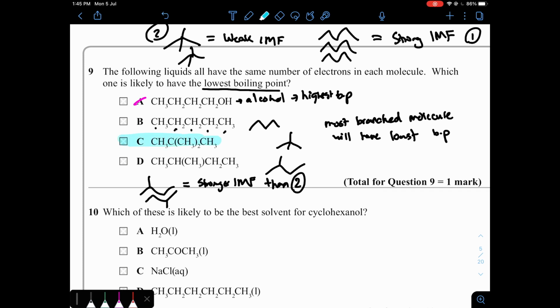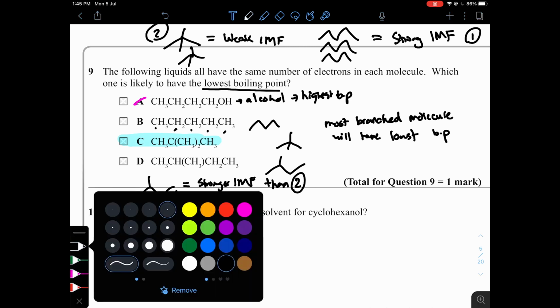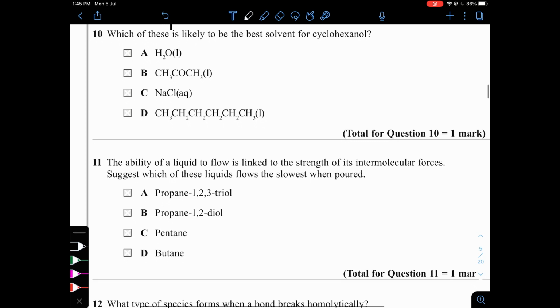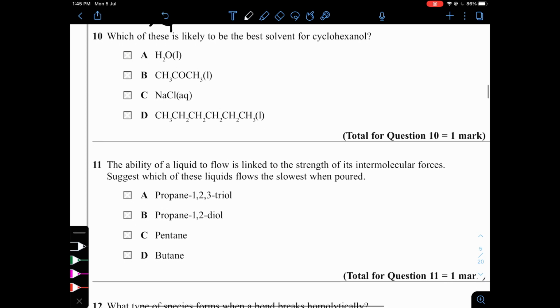Alright. So which of these is likely to be a solvent for cyclohexanol? So you have water. This is already too polar, so we can cancel that. Now what's B? B is propan-2-one. Okay, so we'll see that. And then NaCl is not a solvent.